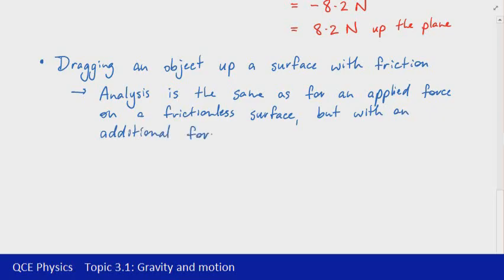And that frictional force now is going to be acting down the plane. The reason why we're, like I said, specifically dealing with acting up the plane is so that this frictional force is now going to be down.